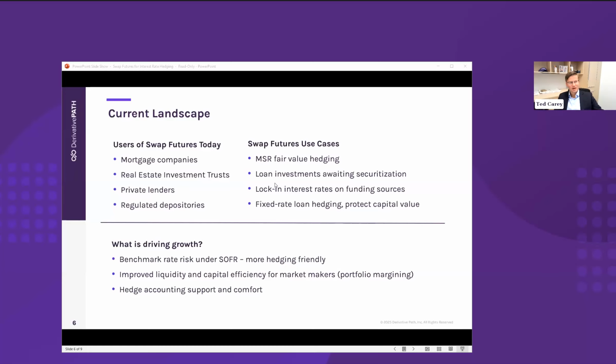One of the things I would highlight, similar to what we talked about before, is the accessibility and the range, right? We've seen participants trading in the 500 million to billion range of notional, as well as all the way down to the 1 to 2 million range, given the flexible contract size.